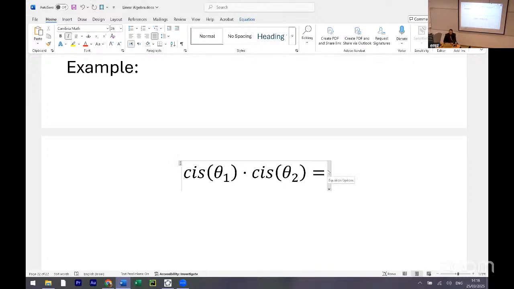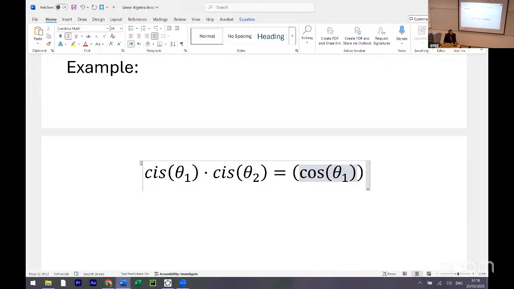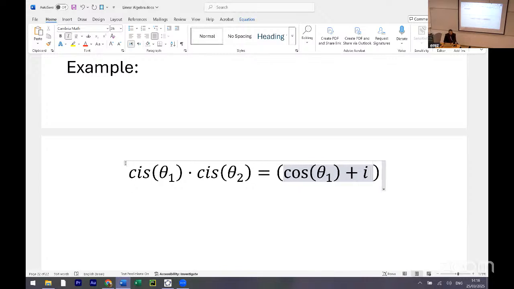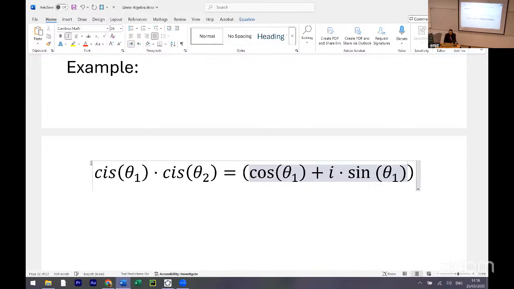So, what is the product of cis theta 1 and cis theta 2? First of all, what does cis theta 1 mean? It's the cosine of theta 1 plus i times the sine of theta 1, right?